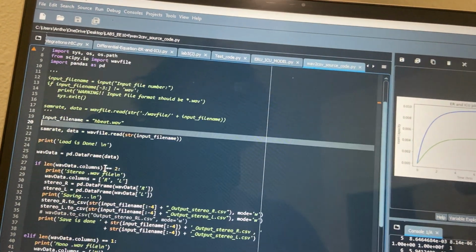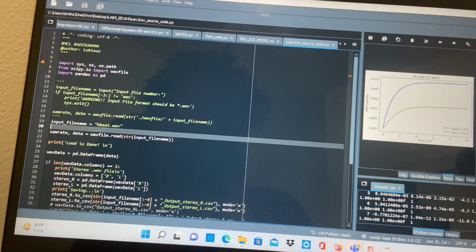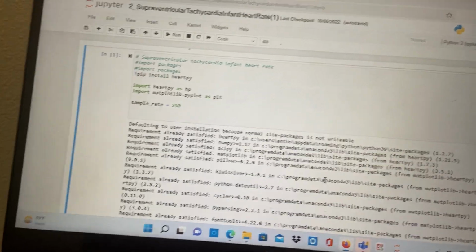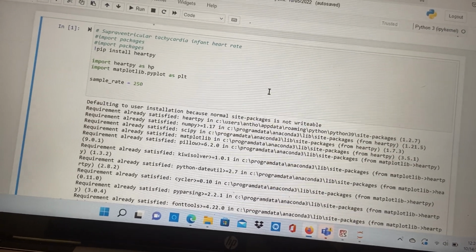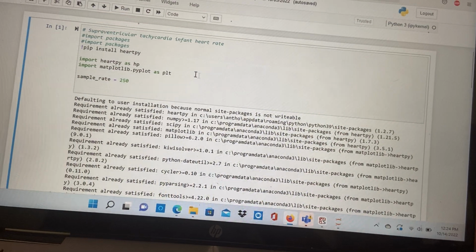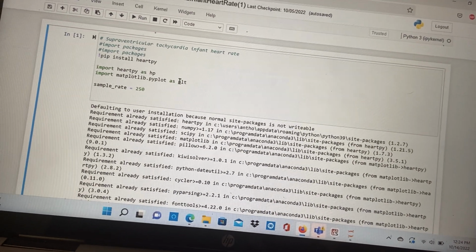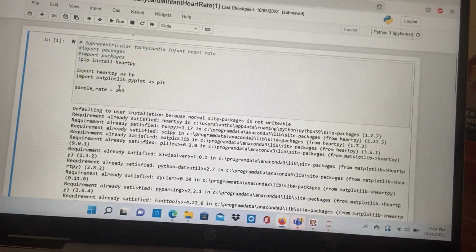In Excel. From there, I can run that. After I've done that, I have to go to Jupyter. After downloading the heart rate and converting it into an Excel file with data, that data is what I'm going to input into Jupyter here.